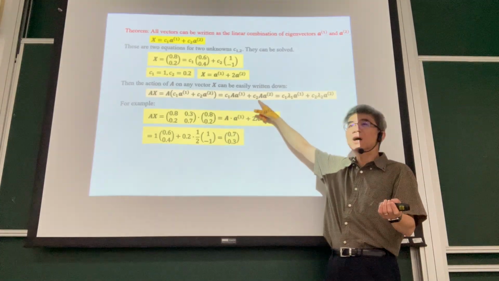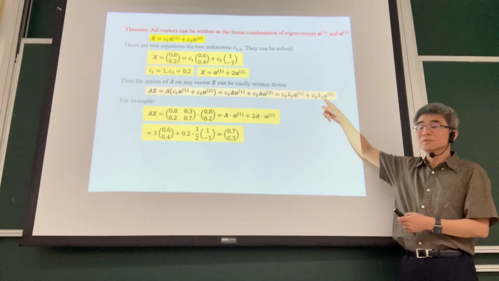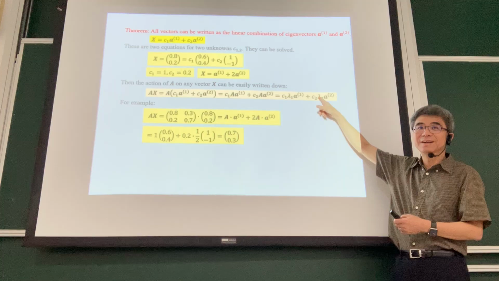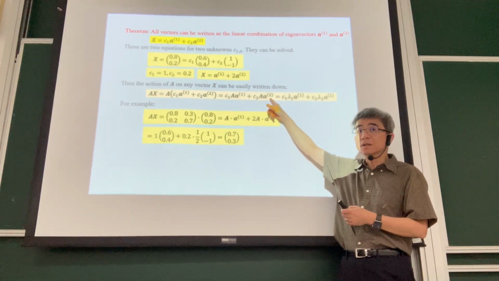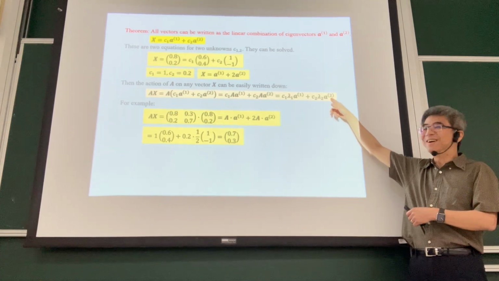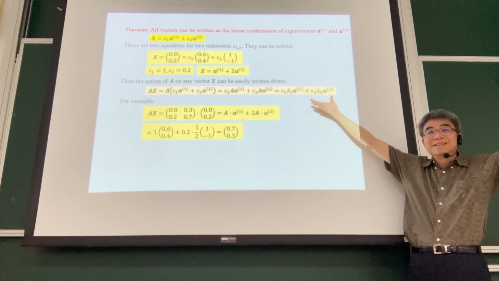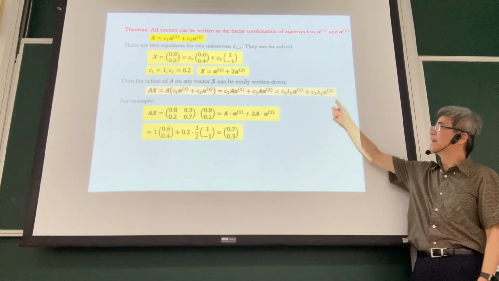Again, when the frog meets the princess, it becomes a prince. So it's lambda 2. Again, a matrix times its eigenvector is the same as the eigenvalue times this vector. So there's no more matrix. Everything is numbers and vectors.